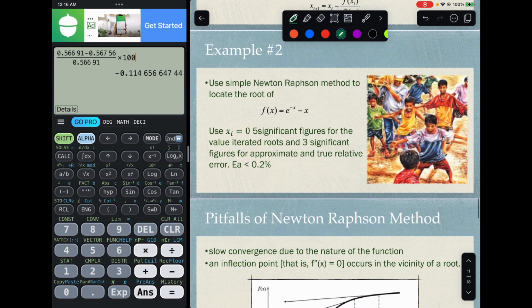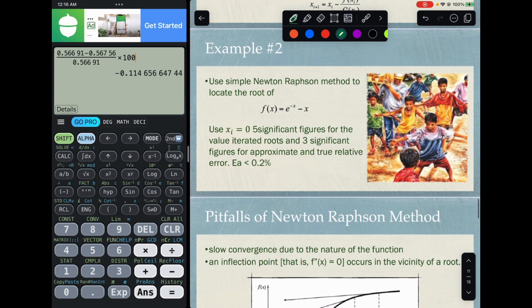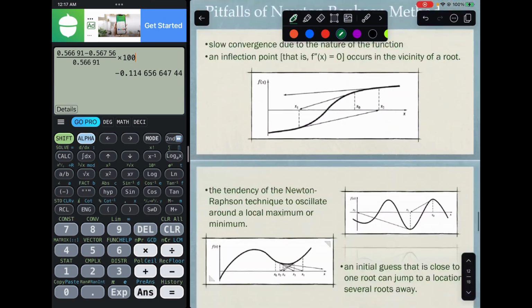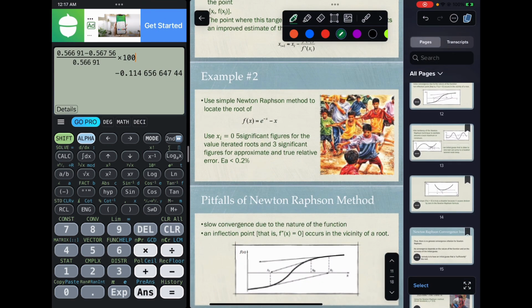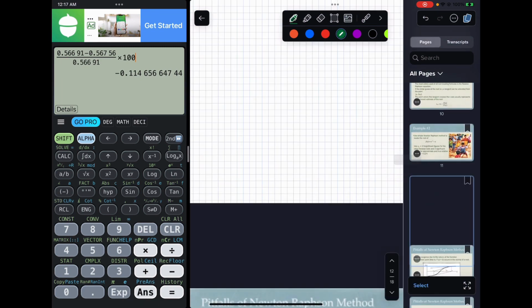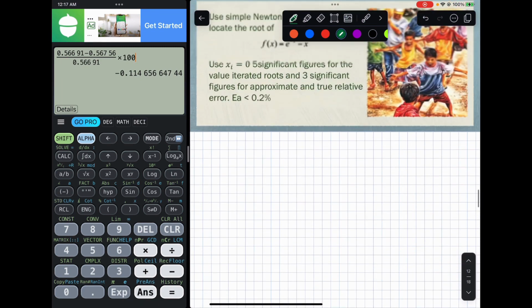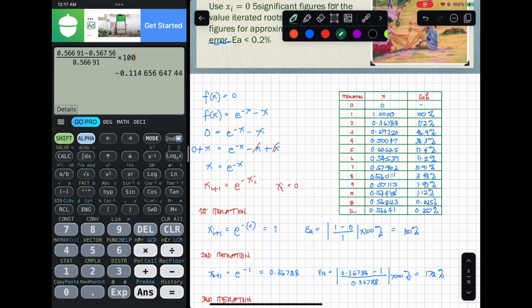Okay, so we have the same example, the same requirement. We're just going to solve it using the Newton-Raphson method. So let's try to solve it. I'm going to copy this one.